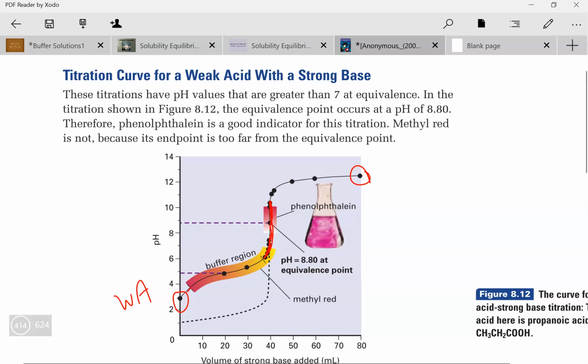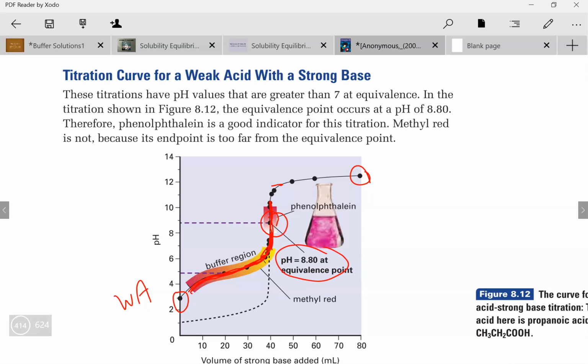You have a lot of what we call buffer region. Between the pH of 3 and 7, or 3 and 11 even, wherever this is, you have this region where you're slightly increasing pH, but not significantly. It's not a sharp increase until you get to pH 7. Right? pH 8.8 is the equivalence point.